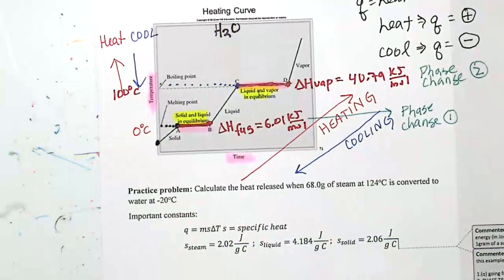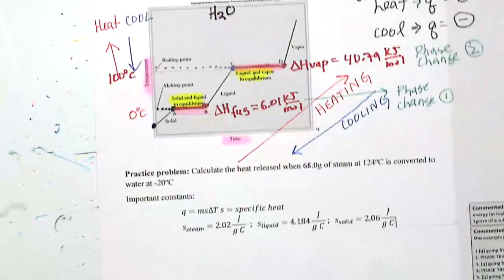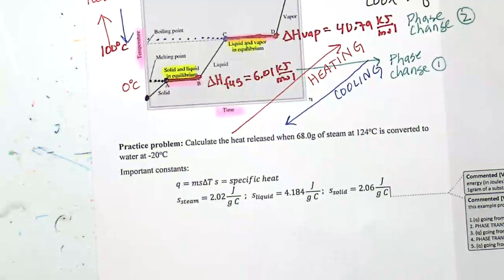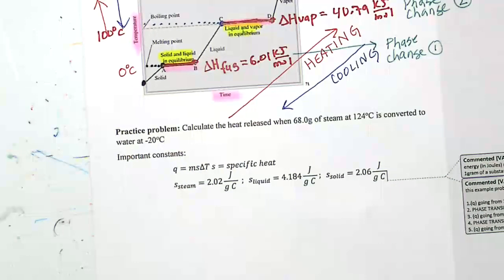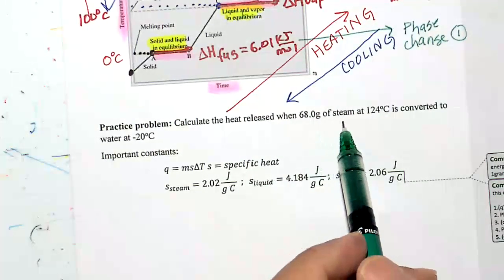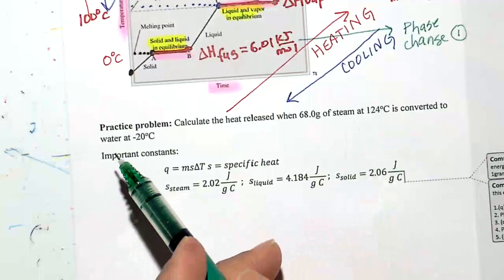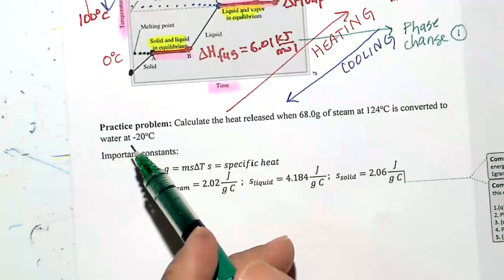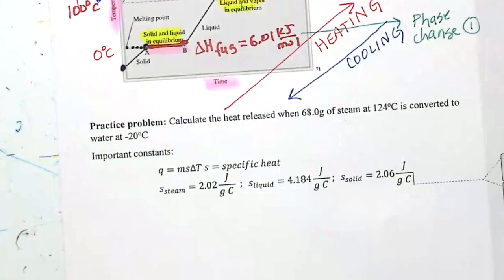All right, we'll start on this Monday, but in our last 3 minutes, let's go over a pipeline, and then we can solve it on Monday. Calculate the heat released when 68 grams of steam at 124 degrees C is converted to water at minus 20 degrees C. First of all, are we heating or cooling?